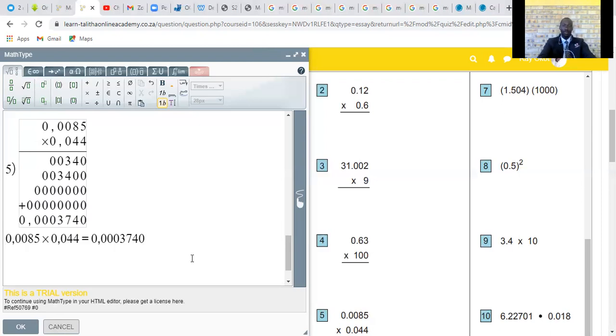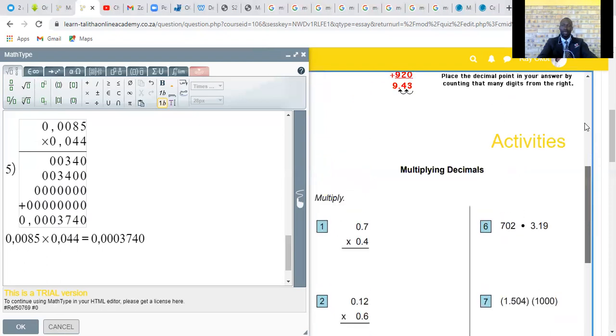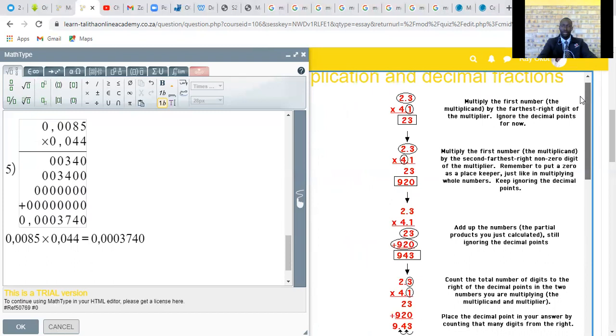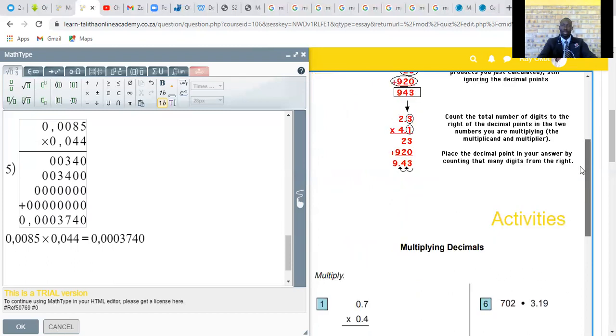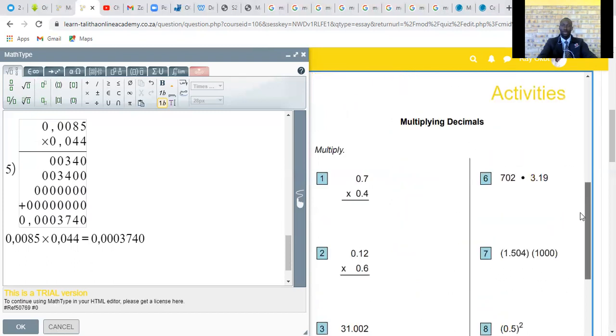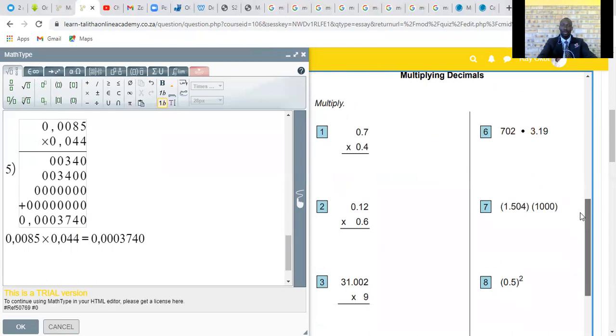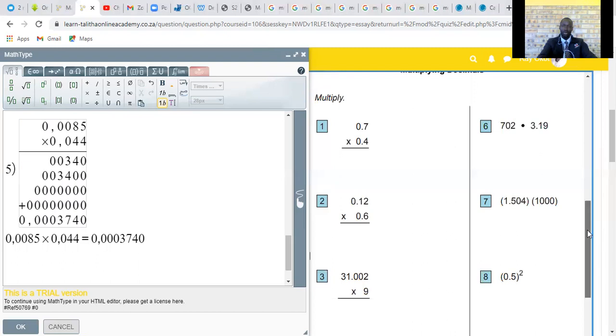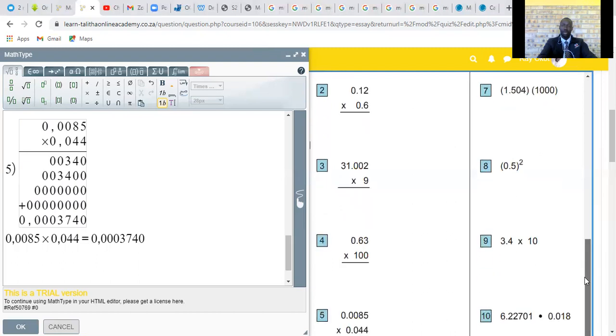So yes, using the rule that I explained in the first part, we have been able to do the multiplication of the decimals from the first question to question 5.